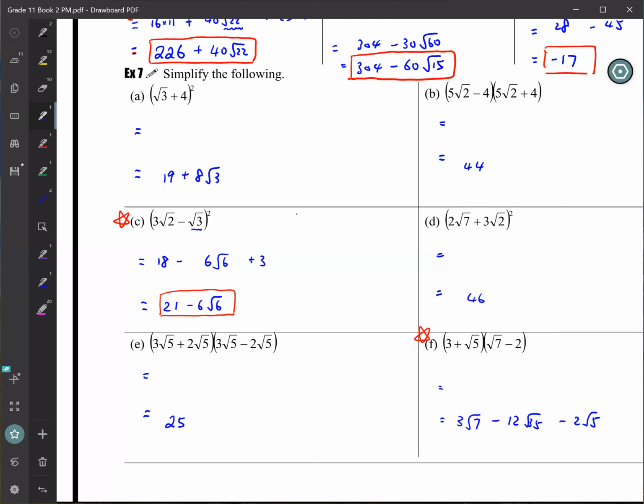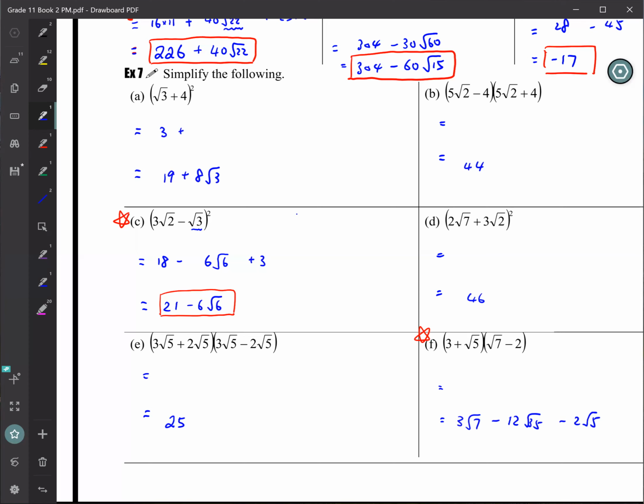Question A. Which formula do we use, Harry? The first one. Okay, can you say out the formula for us? A squared plus 2ab plus b squared. Okay, very good. So a squared will give us 3 plus 2ab.